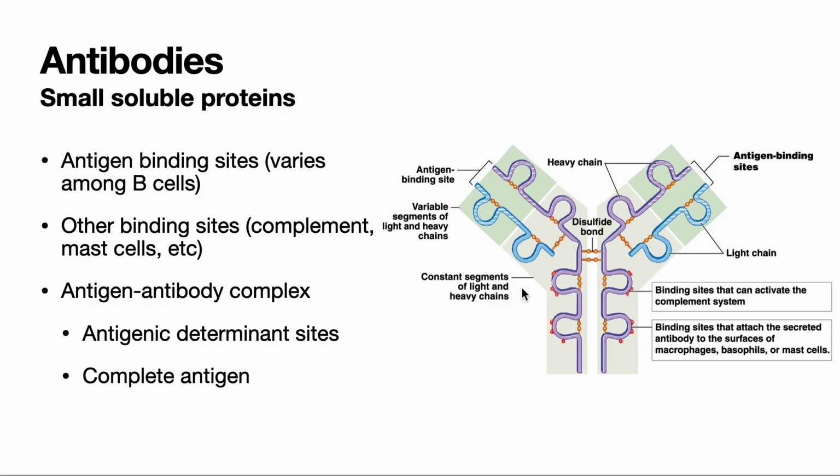On page 782 in your book, you can see another picture of this where some antigens will only match up with one antigen binding site on the antibody, and we would consider that an incomplete antigen, sometimes known as a hapten, but I'm really more just interested in you knowing that complete antigens mean they are fully binding to the antibody.